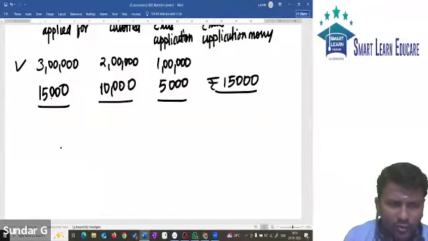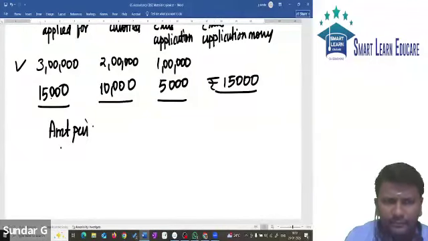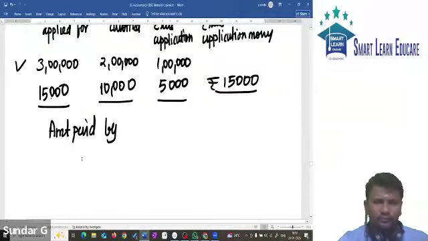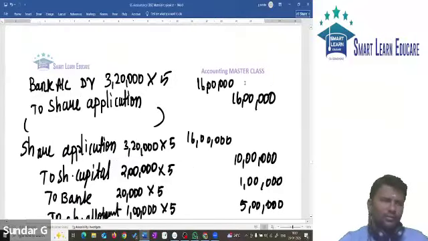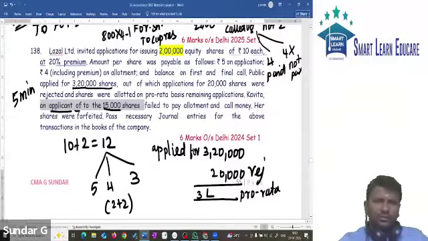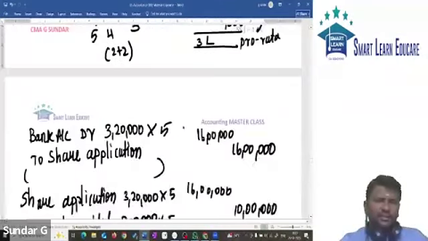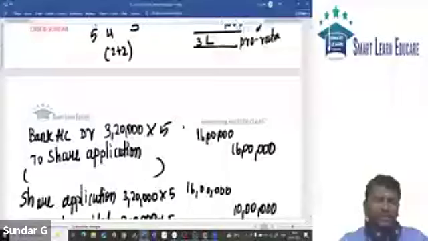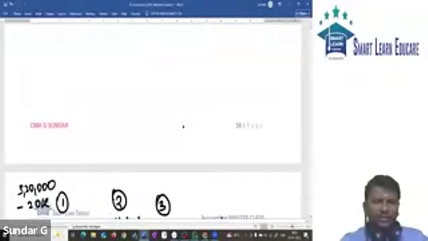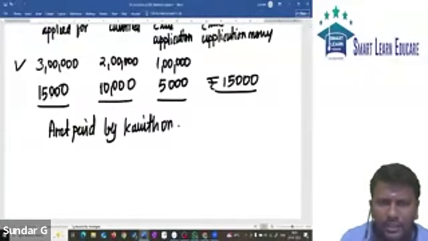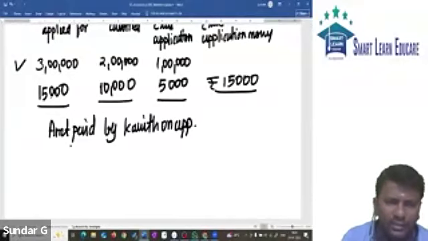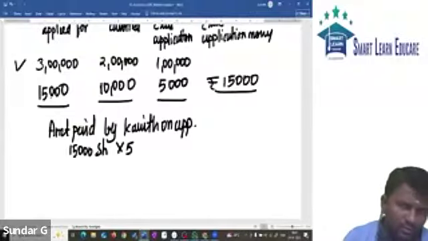So it is the amount paid by that person, whose name is Kavita. Kavita paid as applicant of 15,000. Correct? So the amount paid by Kavita on application is 15,000 shares into 5.